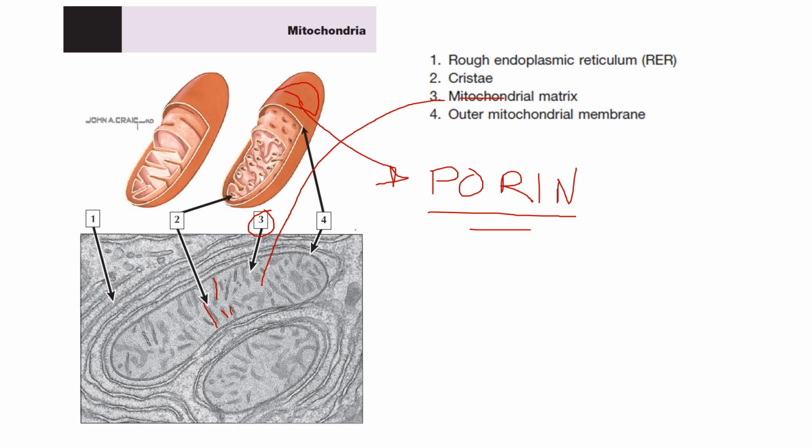And the inner mitochondrial membrane, as we have discussed, this one over here, is thrown into a series of folds called cristae, which project into the mitochondrial matrix, which has an increased electron density, making it finely granular.